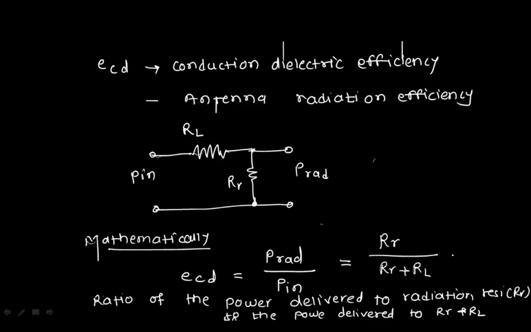As this is a ratio, this is a dimensionless quantity. Whenever you take a ratio, that quantity becomes dimensionless. Okay, fine. So this is the efficiency. Now you can also denote this efficiency by the alphabet K. Sometimes in some books it is given as K. So I can say K is equal to RR divided by RR plus RL.